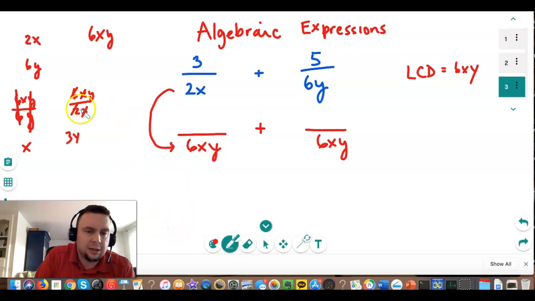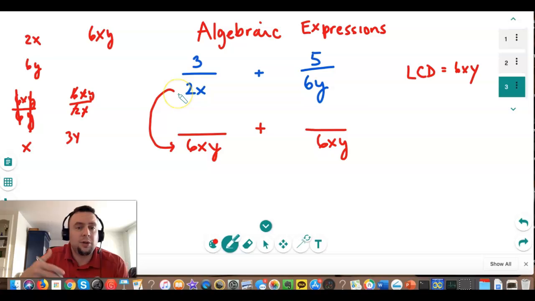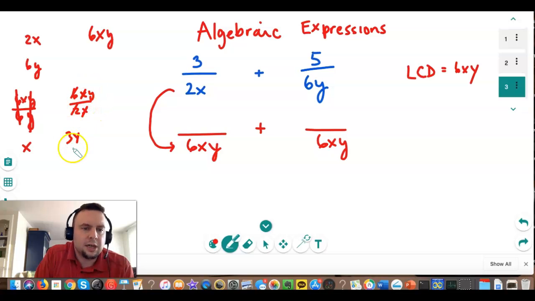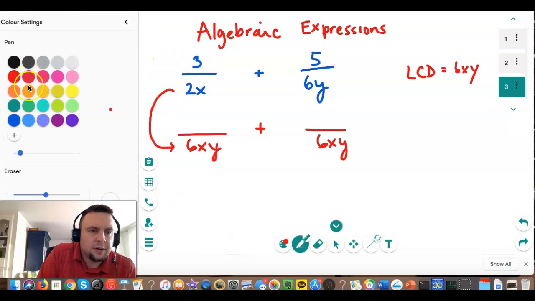Well, the way to do that is to do what I just did. You take 6xy and you divide it by 2x, and that's what you have to multiply by to get 6xy. So 6xy divided by 2x, we just did it, 3y. So if I multiply 2 times 3, all right, I'm going to put this in another color here.